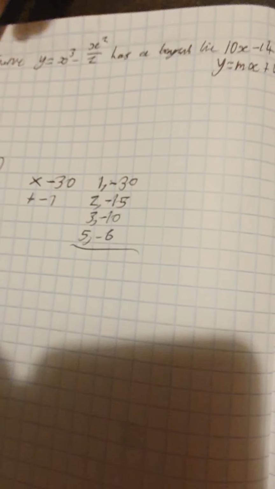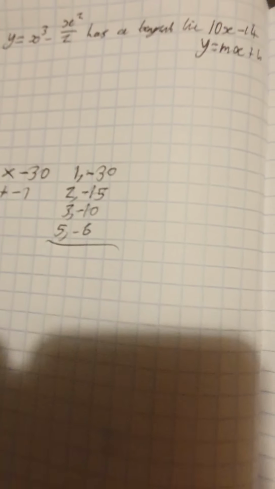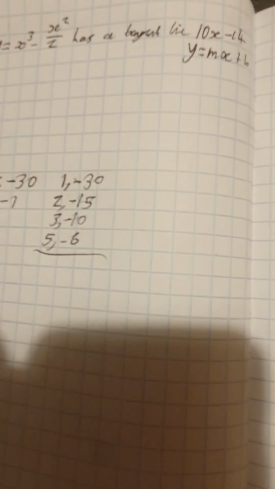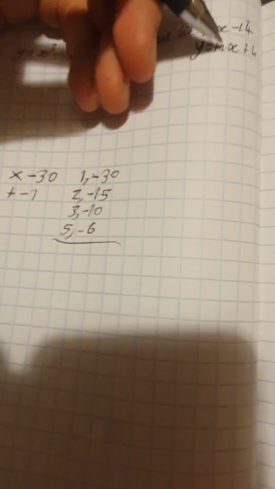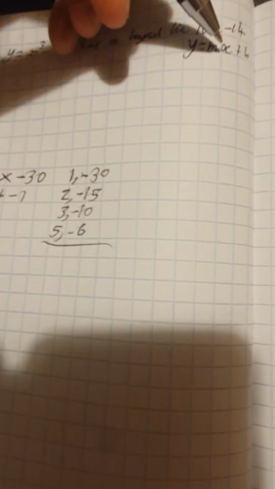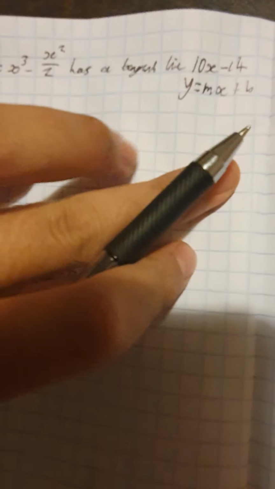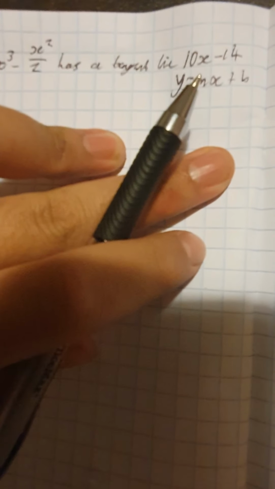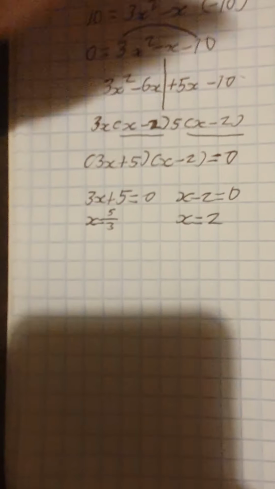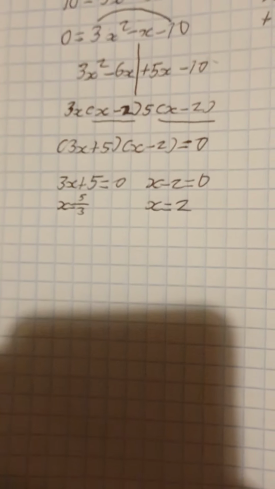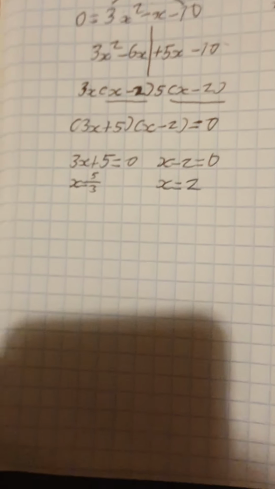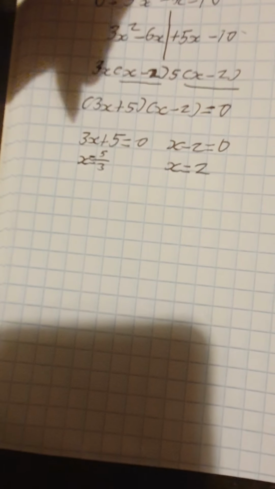So y stands for our y, and then m is the gradient, and then x and b. Yeah, so you should remember this equation from last year, level 1. Okay, cool. So let's continue. Because this is a negative number, here x equals negative 5 over 3.